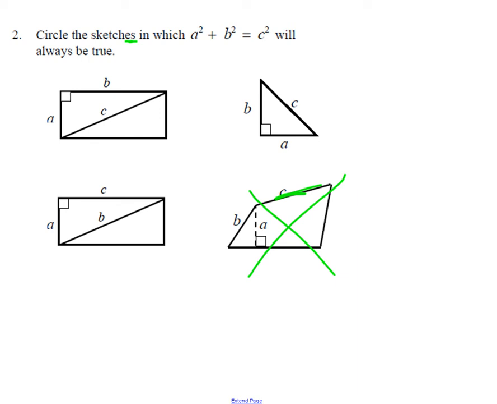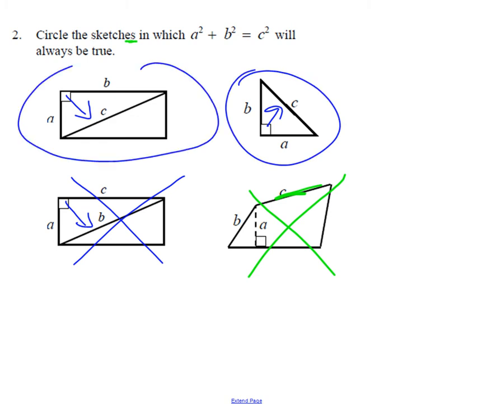Okay, what was the other rule for our formula we said always had to be true? C is always across from the right angle would be the best way to say it. So in which of those is that not the case? For the bottom left. Is there anything wrong with these top 2? No, so they are both perfectly valid uses of our formula.